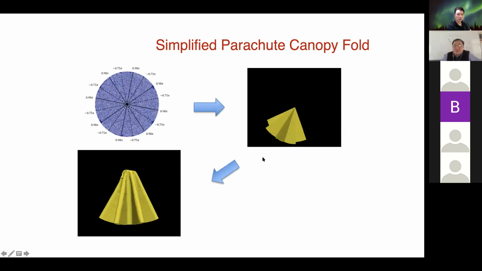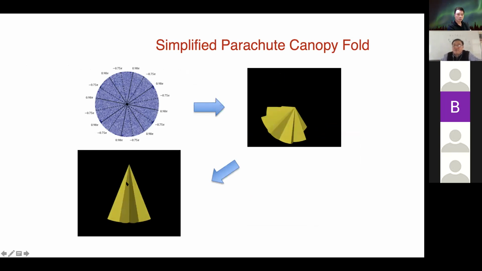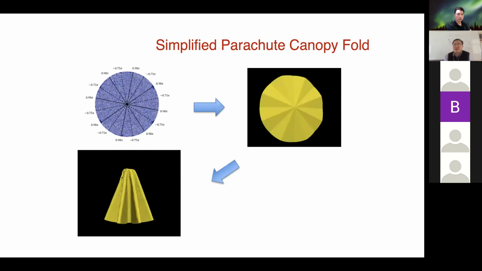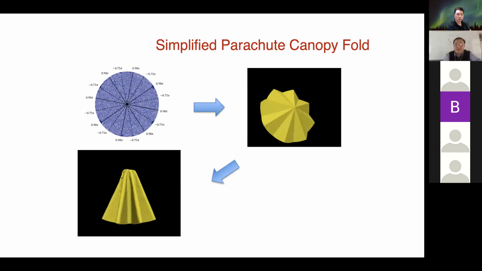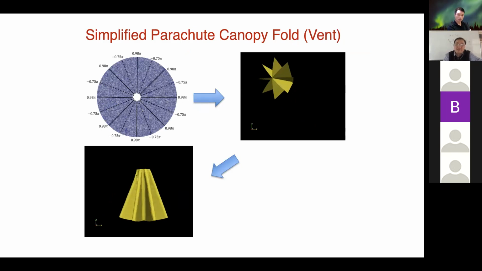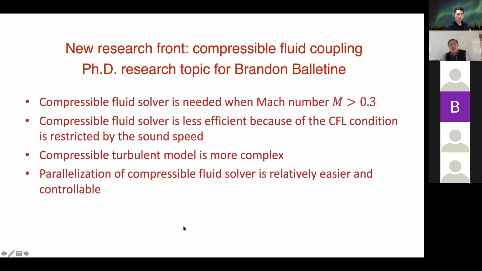So what do you do? You let this state relax, to have the spring mass model relax, just like you folded it, and then you let it relax a while, and then there are gaps inside the fabric. Then you put it into the fluid solver and it will open. So this is called the spring mass relaxation process.